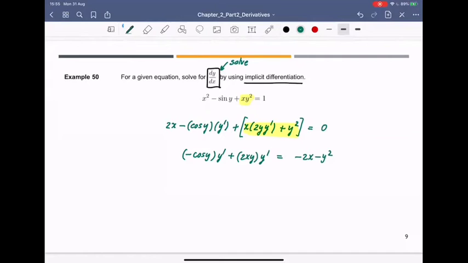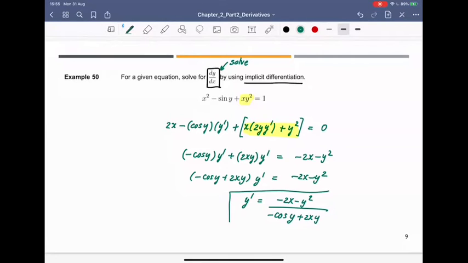I move everything I do not want to see to the right hand side, and then I factor. Almost there. Then I have y prime equal to negative 2x minus y squared over negative cosine y plus 2xy. I'm not going to simplify more, so that's my final answer.